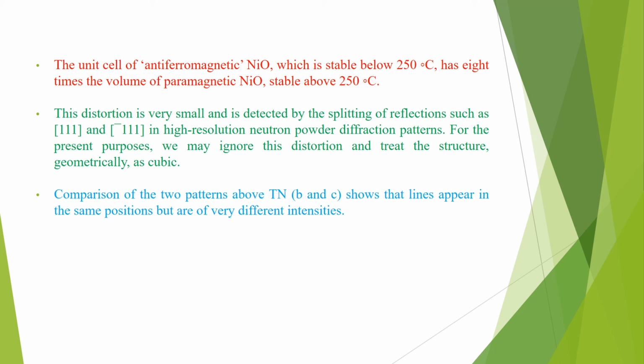This distortion is very small and is detected by the splitting of reflections such as the 111 plane and the 111 bar plane in a high resolution neutron powder diffraction pattern. For the present purpose, we may ignore this distortion and treat the structure geometrically as cubic.